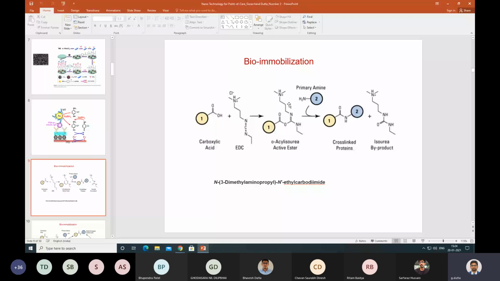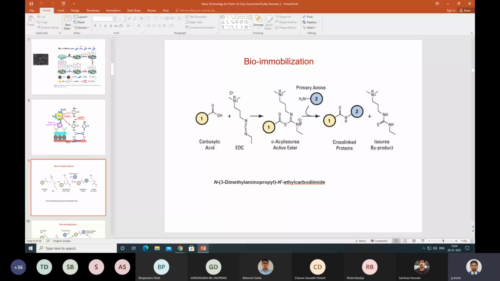Now, see number two. Number two is your primary antibody that I mentioned. The antibody already contains some free amine group. So this NH2 will now react with this complex. There is a lone pair of electrons, so it will attack here, and this big molecule has a high leaving aptitude, so it will leave.